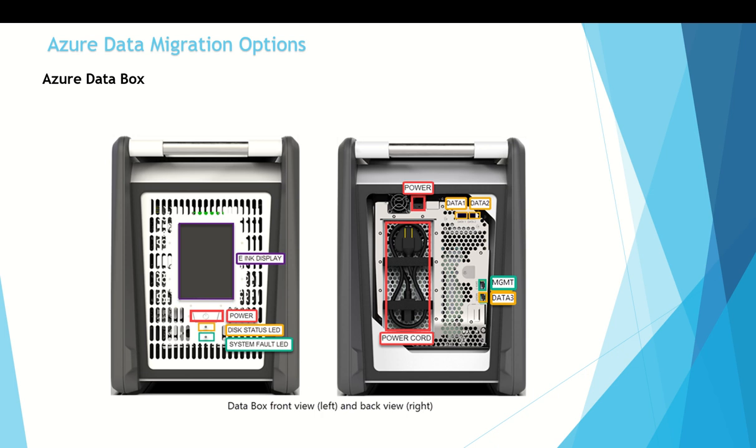The Data Box is transported to the data center via a regional courier. A rugged case protects and secures the Data Box from damage during transit. Anyone who wants to use it can order the Data Box device via the Azure portal to import or export data from Azure.